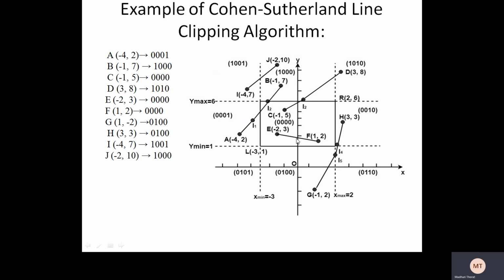F is also inside the polygon and the value of F is also 4 times 0. G has 0100, H has 0100, point I has the bit code 1001 and J has 1000.